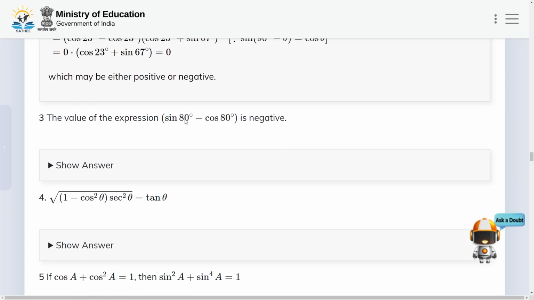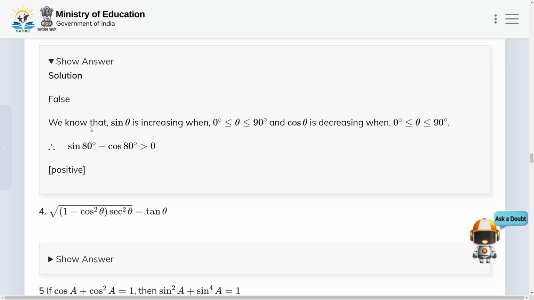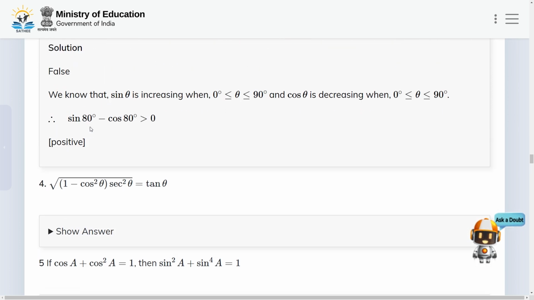In the next problem, we have this statement: the value of the expression sine 80 degree minus cos 80 degree is negative. Let us check whether the statement is false or true. Here the statement is basically false. We know that sine theta is increasing when 0 degree is less than or equal to theta less than or equal to 90 degree, and cos theta is decreasing in the same range.